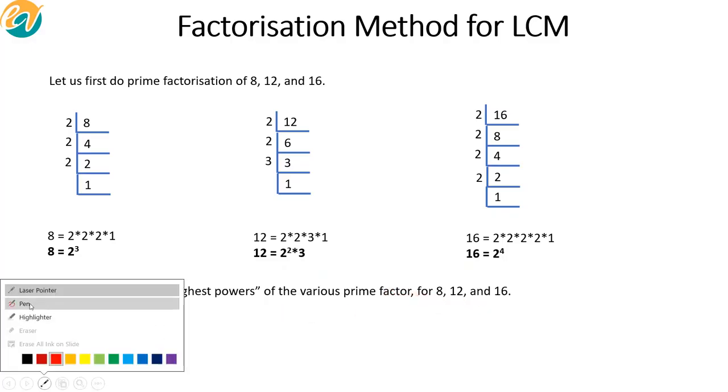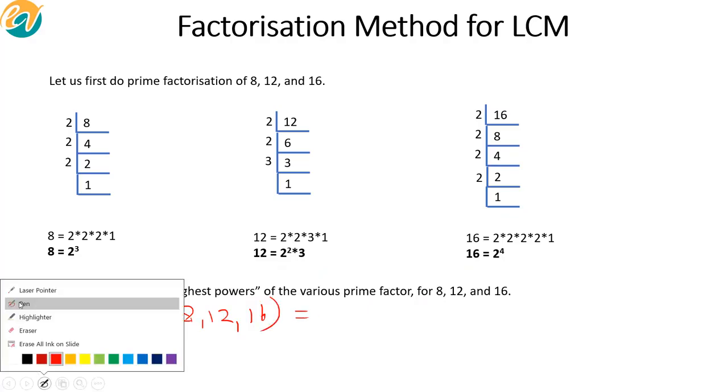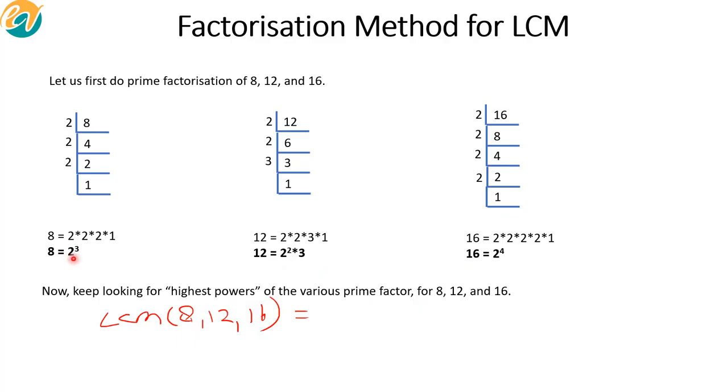So let's now apply this approach. LCM of 8, 12, and 16. What do we look for? Highest powers. Now, if we look at 2 here, 2 is a prime factor of 8. Now, what is the highest power of 2? 2 cube in this case.